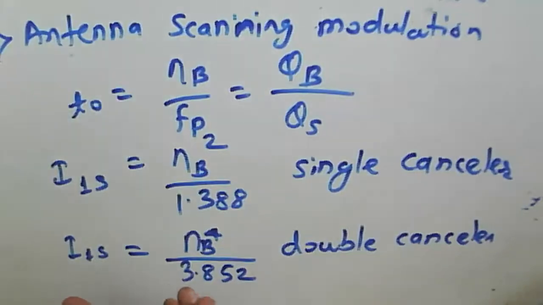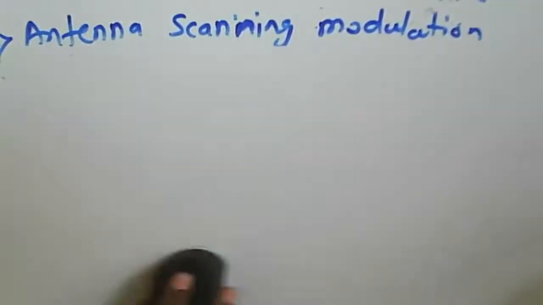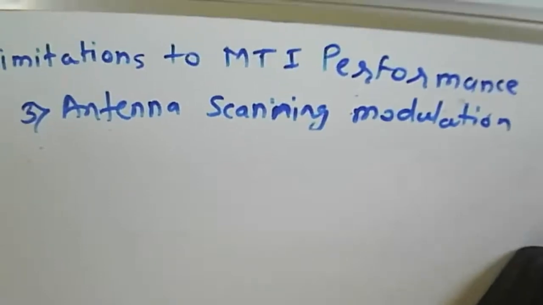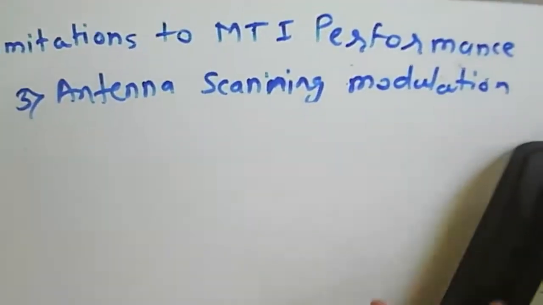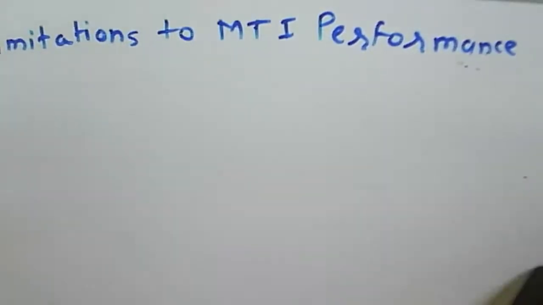So if we broaden the given spectrum, in that case there will be limitations for the antenna scanning or limitations to understand the information. For this purpose, we use digital processing so that this modulation and these limitations can be improved.